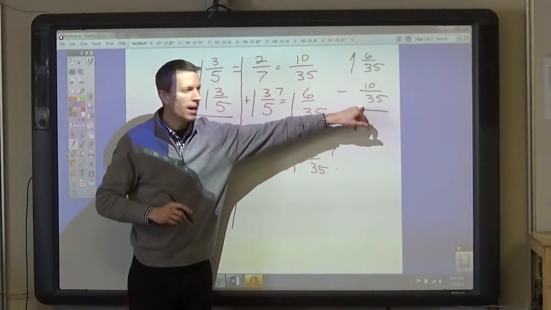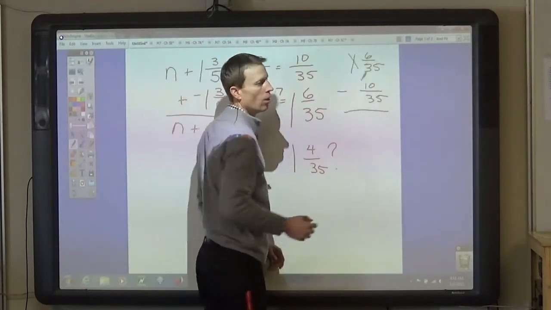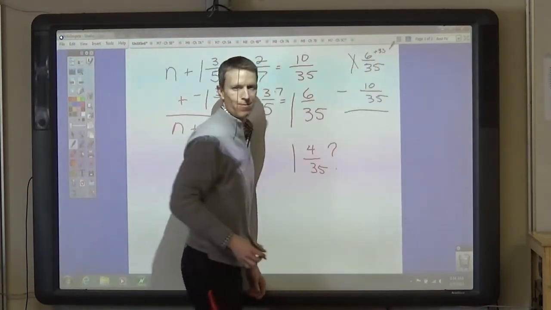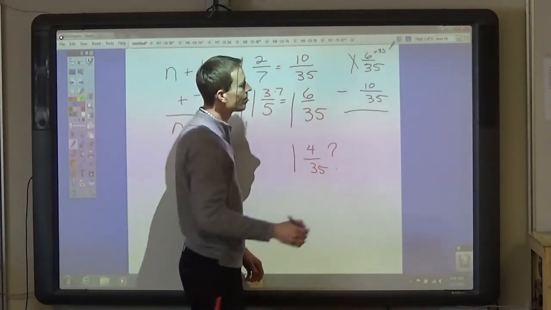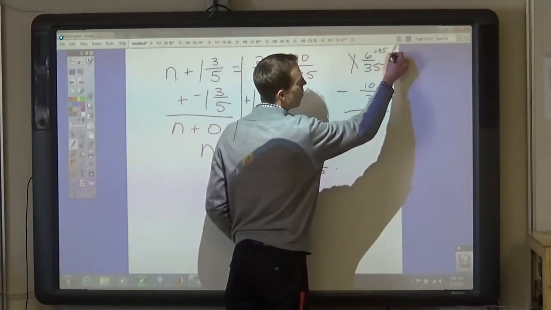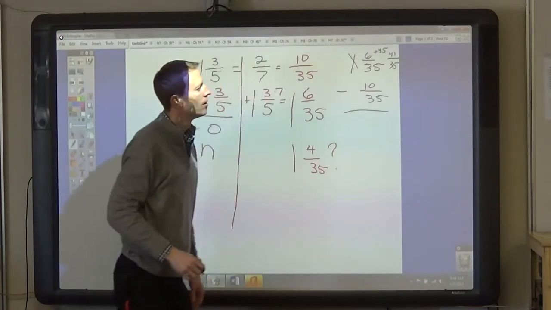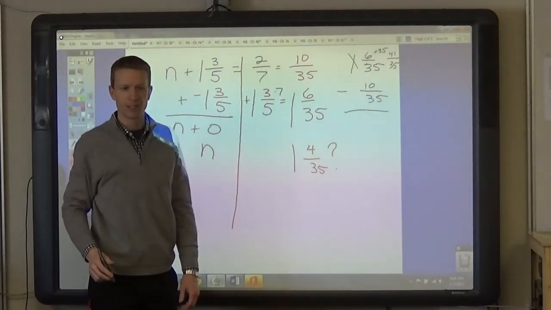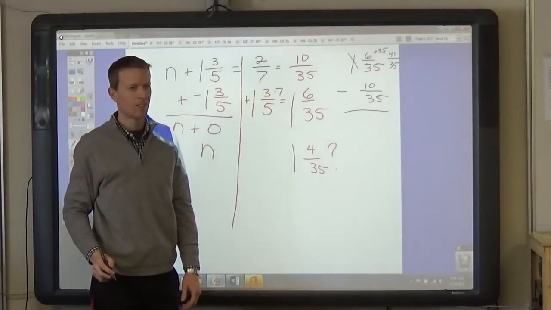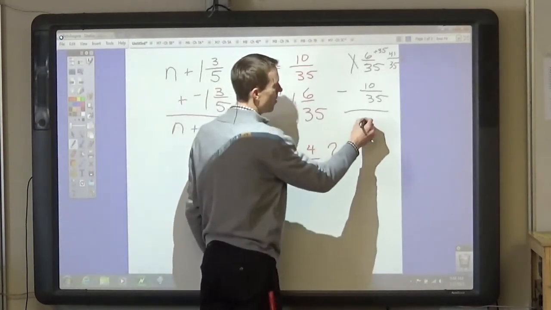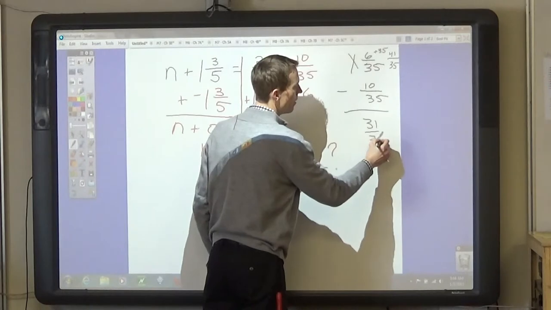Make it an improper fraction, right? We have to cut up this whole and add 35, right? To make this 41/35. Take away 10/35. What's that? 31/35.